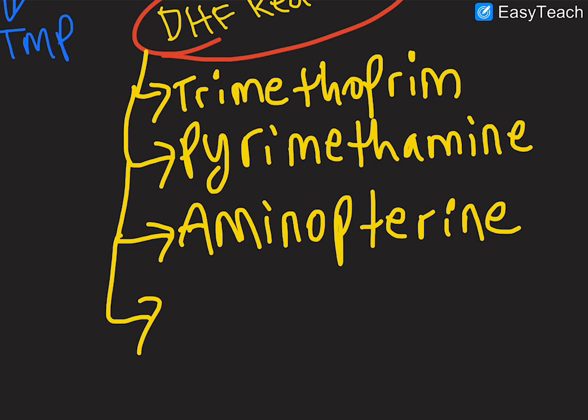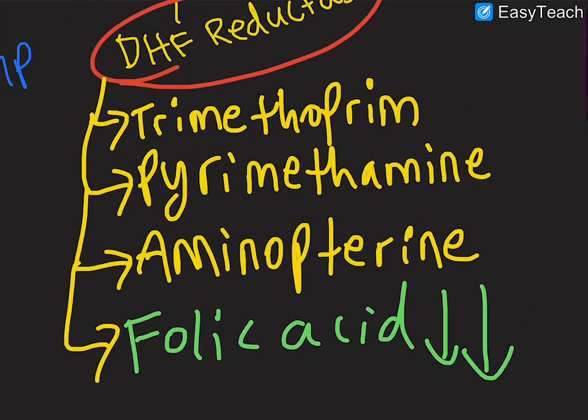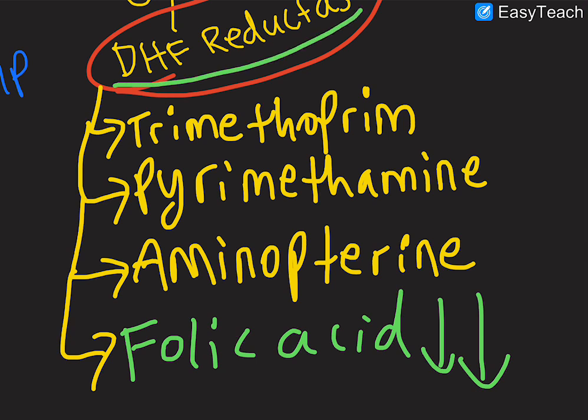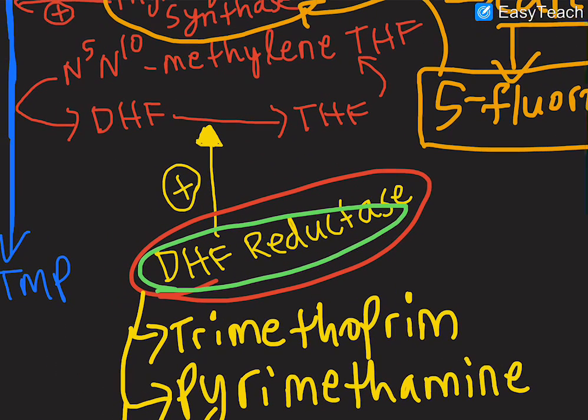Another thing that inhibits dihydrofolate reductase, well, we wouldn't really count it as a drug. Let me do this in a different color because it's not really a drug. We can just say in general that if you're deficient in folic acid, so if I just write folic acid and a bunch of down arrows showing deficiency in folic acid, that can slow down the activity of dihydrofolate reductase, leading to less of this cycle above happening.